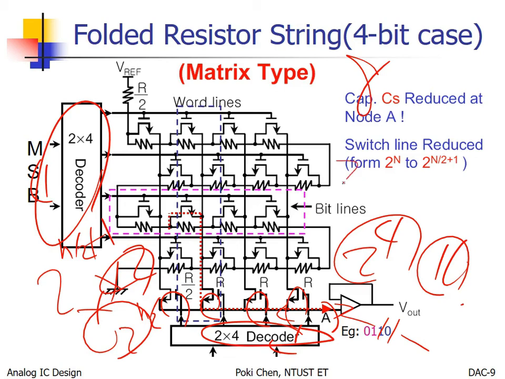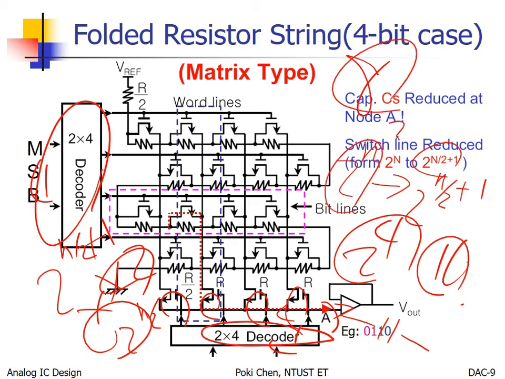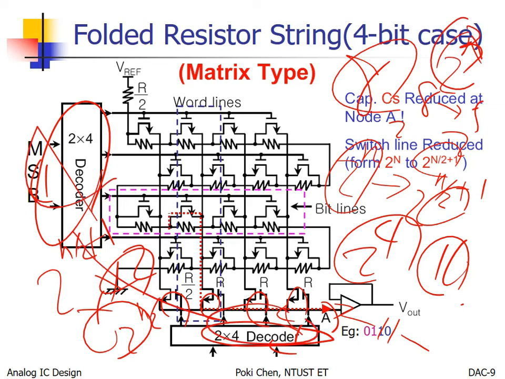So the complexity of your digital circuit is reduced from 2 to the nth power to 2 to the n/2, plus 1. Okay, so again, for 8 inputs, this is 2 to the 8. That is 2 to the 5. So in total, you save 8 times for the digital circuit.